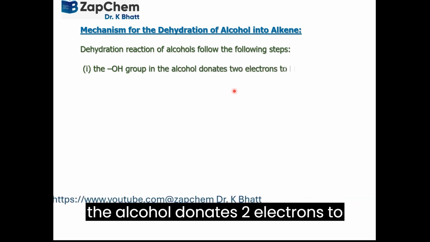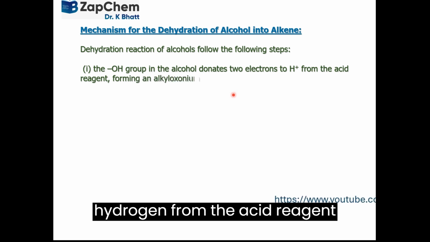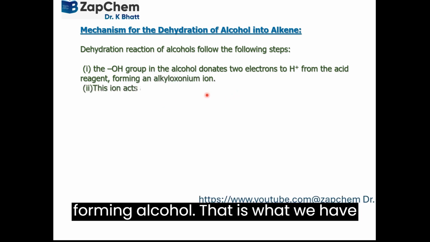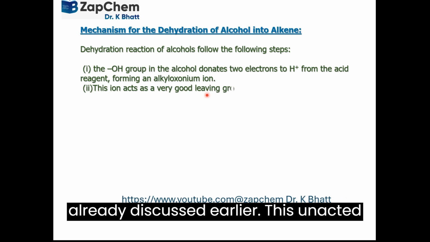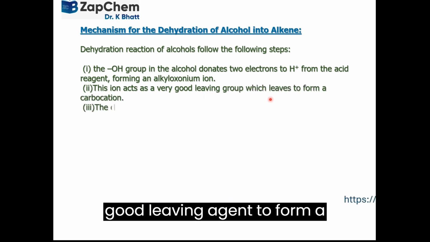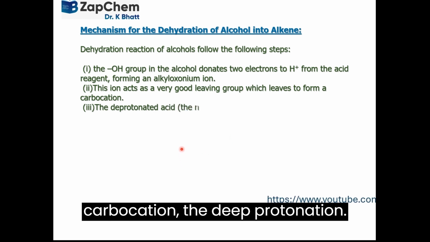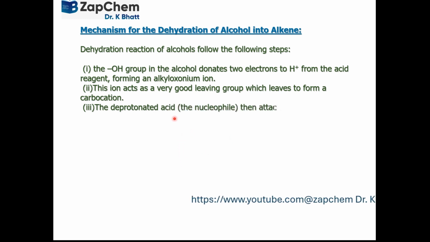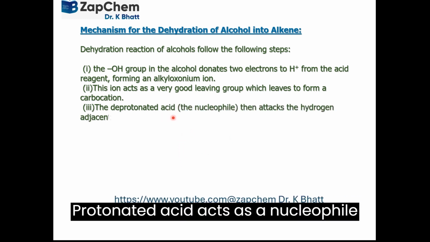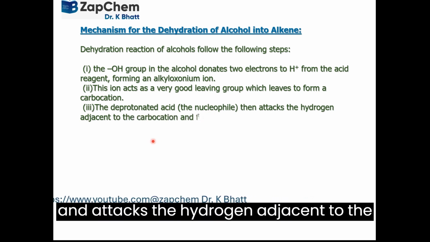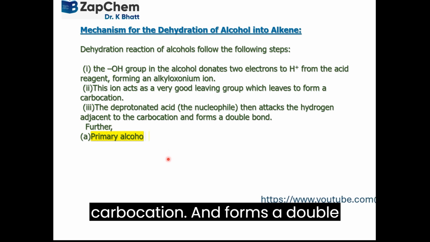The OH group in the alcohol donates 2 electrons to hydrogen from the acid reagent forming an alkyloxonium ion. That is what we have already discussed earlier. This ion acts as a good leaving group to form a carbocation. The deprotonated acid acts as a nucleophile and attacks the hydrogen adjacent to the carbocation and forms a double bond.